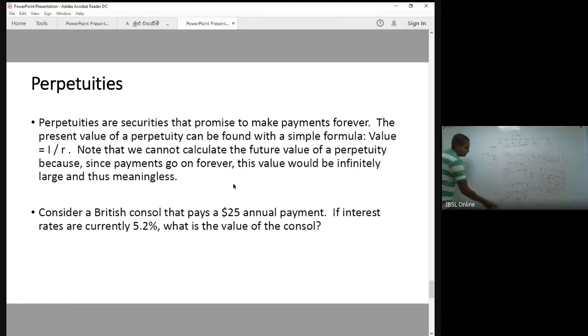It's the payment divided by interest rate, where the payment is 25 and the interest rate 5.2%. So the present value comes to 480.77.